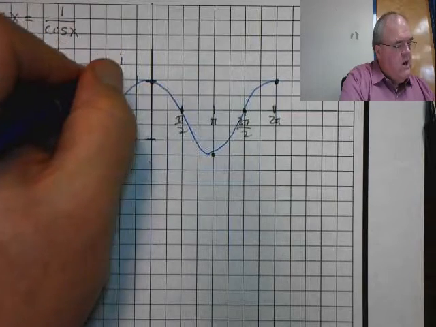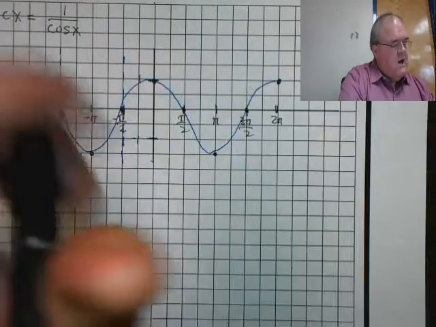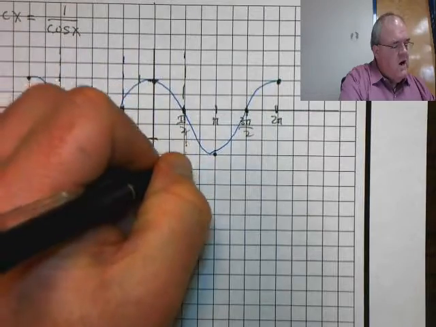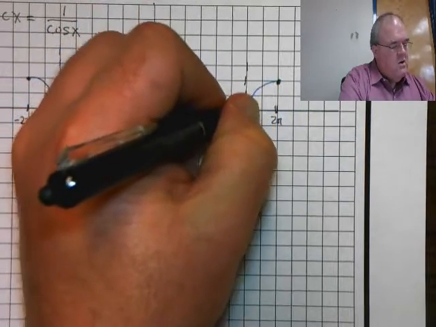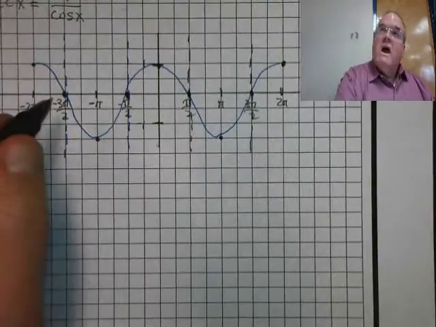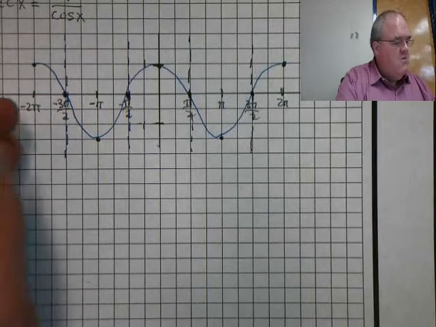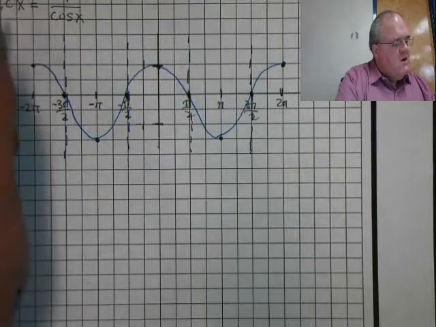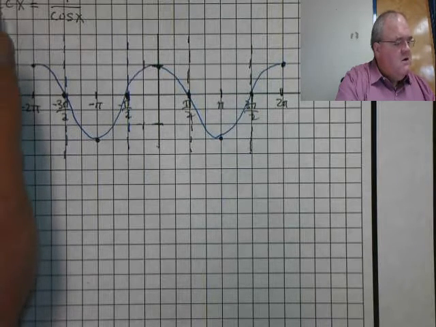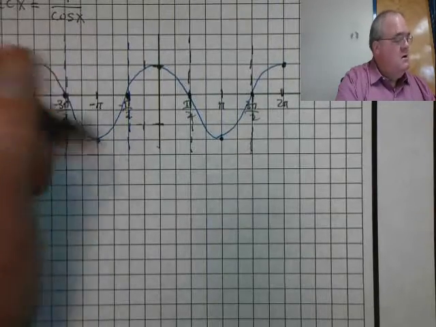So anytime we have a 0 for cosine, we're going to have an asymptote for secant. So we need to draw our asymptotes where they belong. All right, so we have our cosine curve, our secant curve, because secant can be anything except between 1 and negative 1.